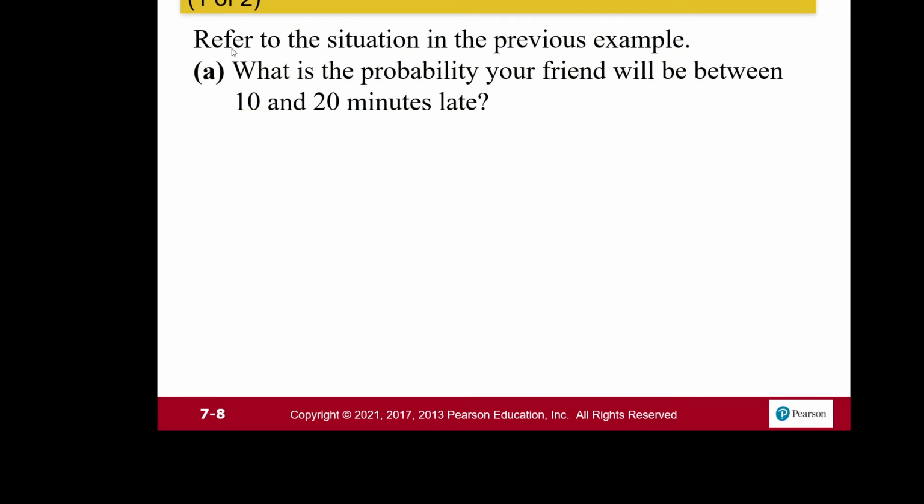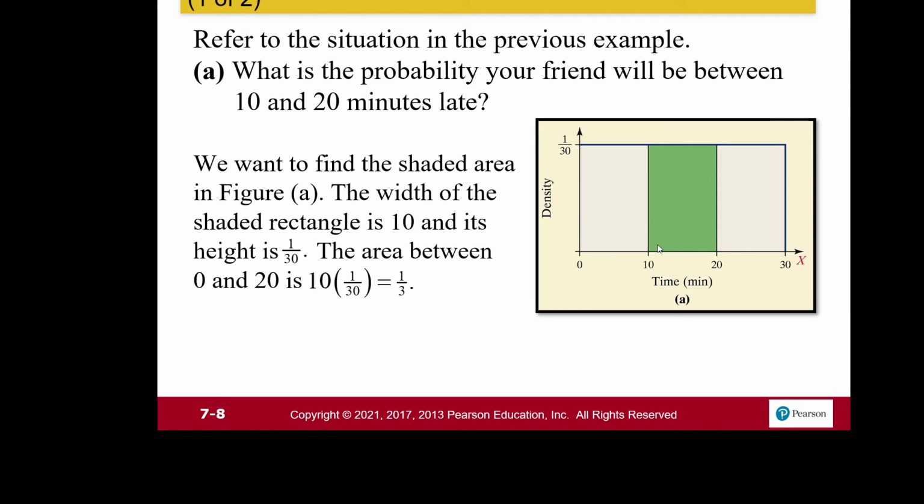So here's a problem. It says refer to the situation in the previous example. What is the probability your friend will be between 10 to 20 minutes late? Well, if we were to shade in that region on the uniform graph and calculate the area of that portion, that area will be equal to the probability.